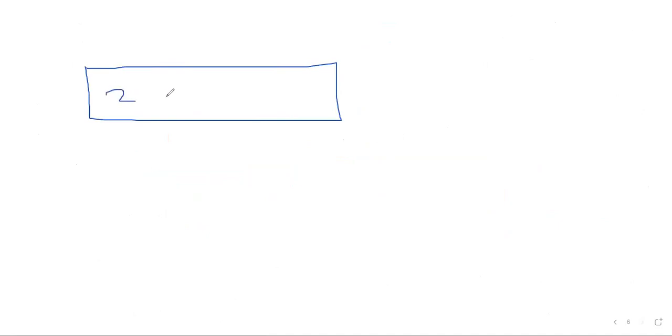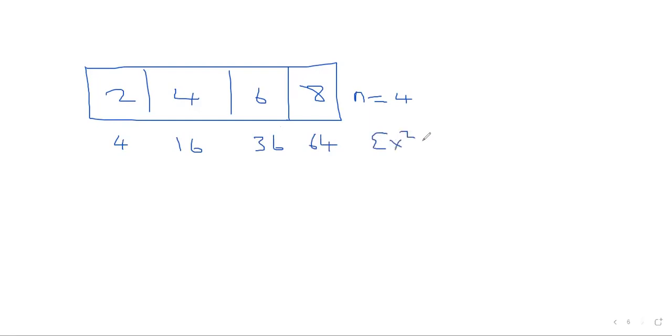So you're given values like 2, 4, 6, 8. All right, our n here is what? 4. We square these ones here. This is what? 4 and 64. I mean, summation of x squared, because we are squaring these.